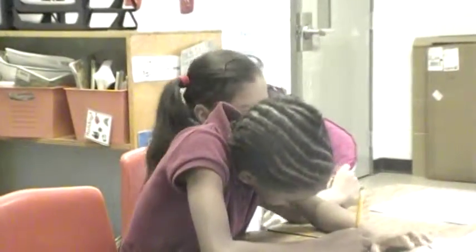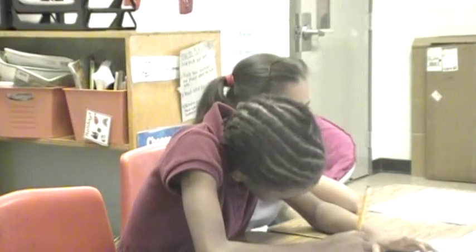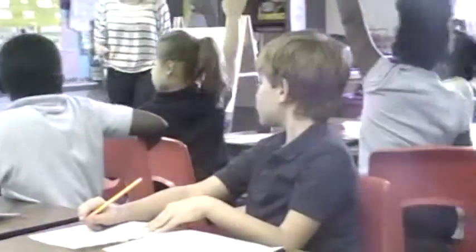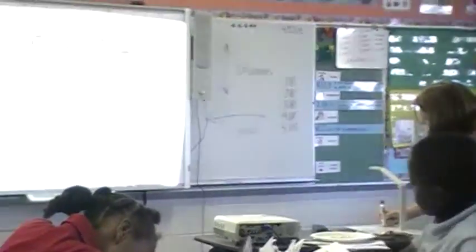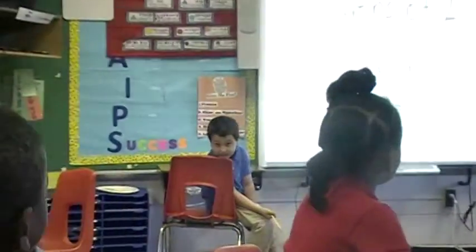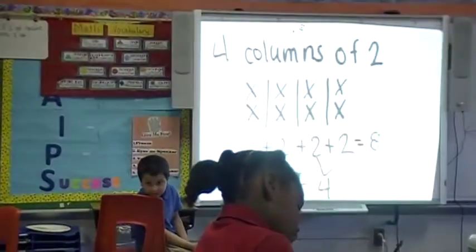How many X's do we have? 8, perfect, thank you. So we can know that 4 plus 4 is 8 because 2 plus 2 is 4 and 2 plus 2 is 4. All right.